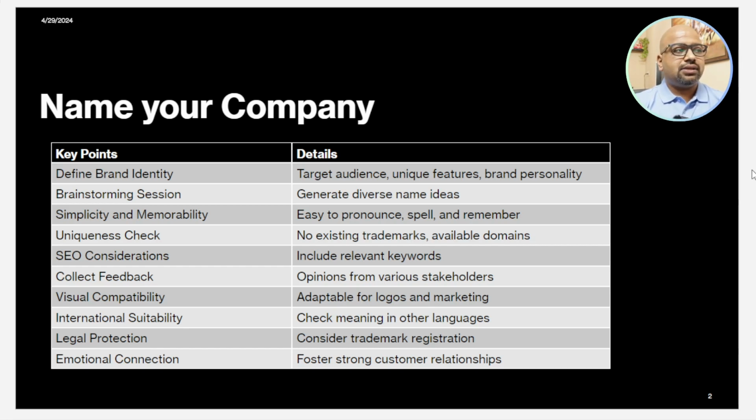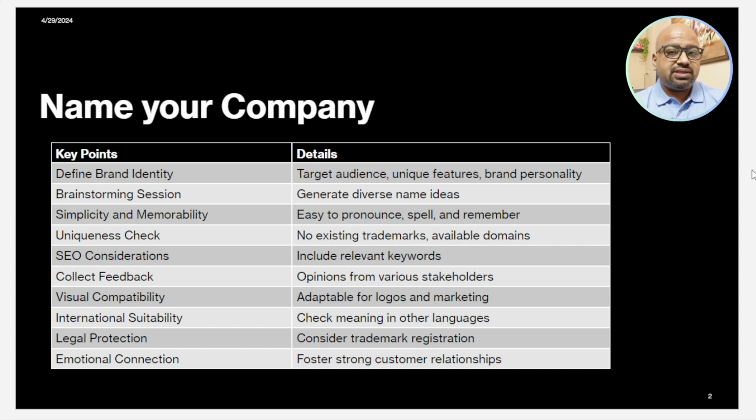Then international suitability, because in the global world there are multiple languages. You can't really think of something which is a bad word or an offensive word in the language we normally speak.